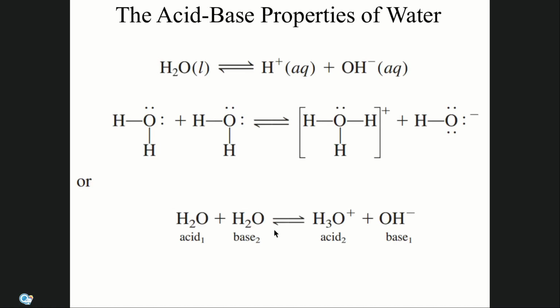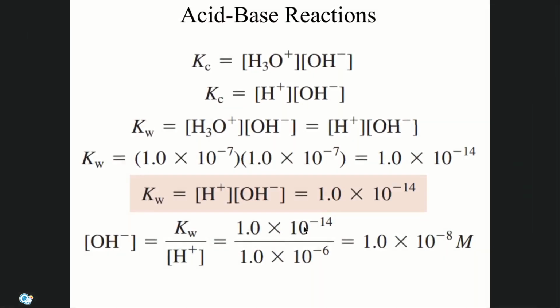Therefore, the equilibrium constant for the auto-ionization of water is this one. Because we use H plus and H3O plus interchangeably to represent the hydrated proton, the equilibrium constant can also be expressed like this.